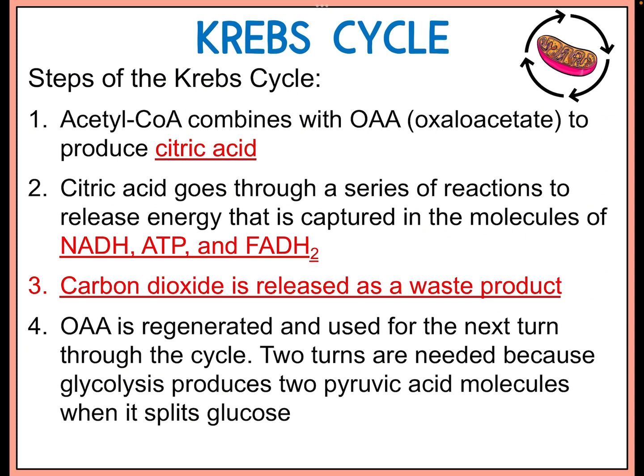Then citric acid goes through a series of reactions to release the energy that's captured in the molecules of NADH, ATP, and FADH2. Carbon dioxide is released as a waste product. The OAA is regenerated and used for the next turn through the cycle. 2 turns are needed because glycolysis produces 2 pyruvic acid molecules when it splits the glucose.